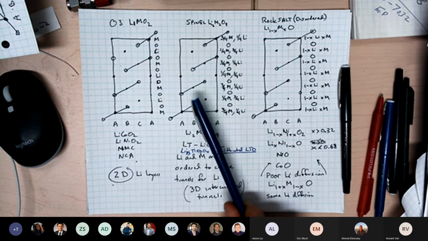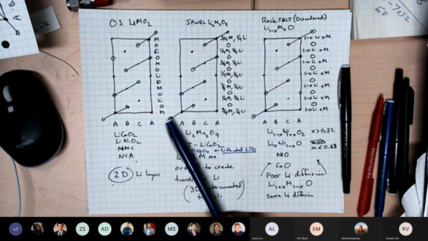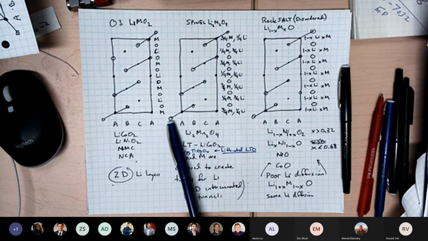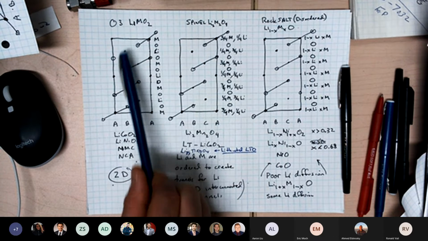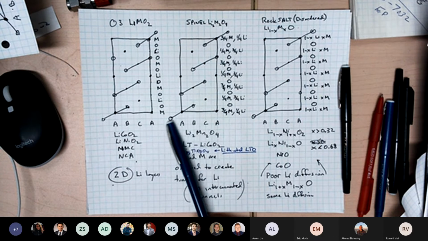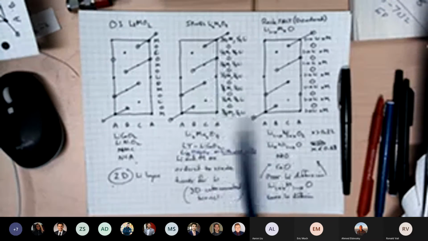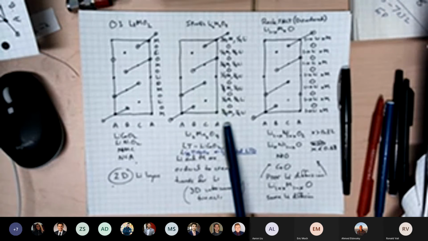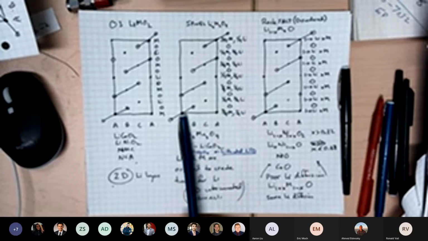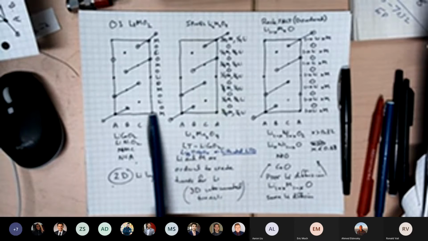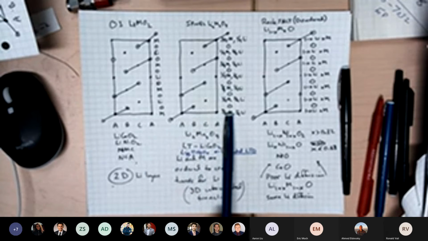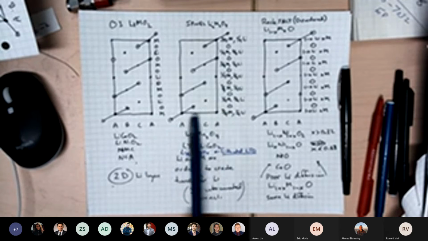Spinel has exactly identical oxygen positions. If you look at the oxygen, they're the circles. They're exactly the same as O3, identical oxygen position, no change. The difference is that instead of a pure metal atom layer, you have a layer of cations that's 3/4 metal and 1/4 lithium.